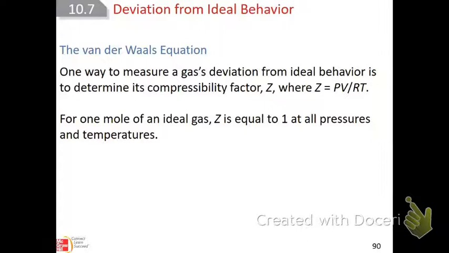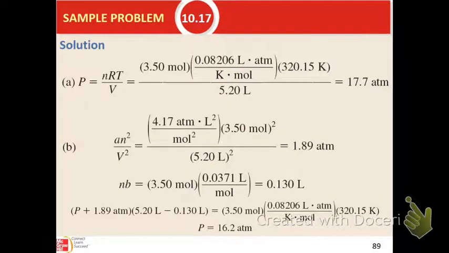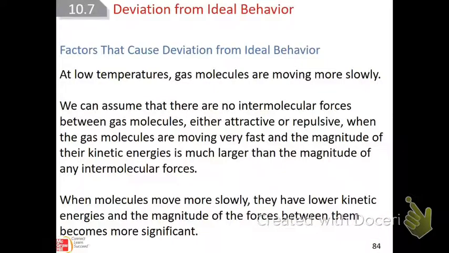Let me see if I can find that slide, just one second. Gases are going to behave most ideally at very high temperatures and very low pressures. It says right here, when molecules move more slowly, they have lower kinetic energies, and then the forces between them become more significant, so they become more attractive forces, and that causes them to behave less ideally.